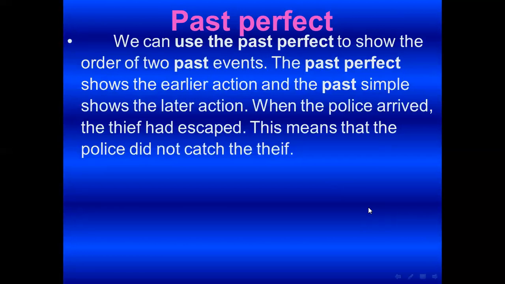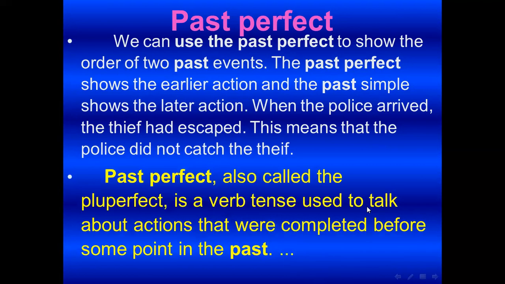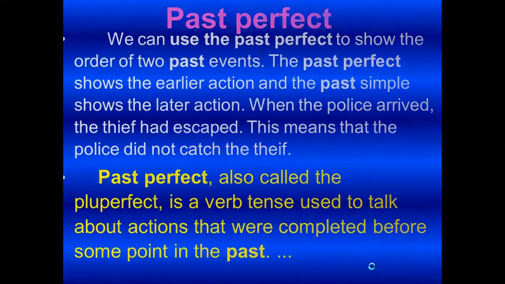When the police arrived, the thief had escaped. This means that the police didn't catch the thief. Past perfect is also called the pluperfect. It means completed. It is a verb tense used to talk about actions that were completed before some point in the past.